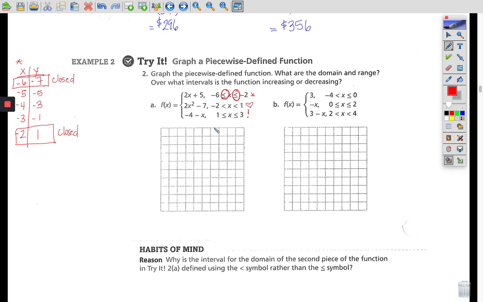So let's go down to, and then I'm going to draw my y-axis. I'm doing this so that I'm able to fit everything on the graph.